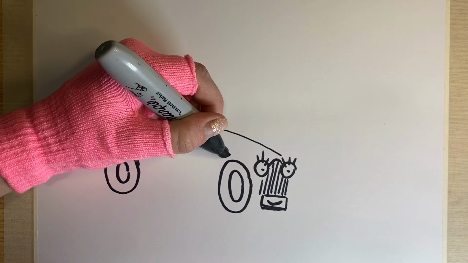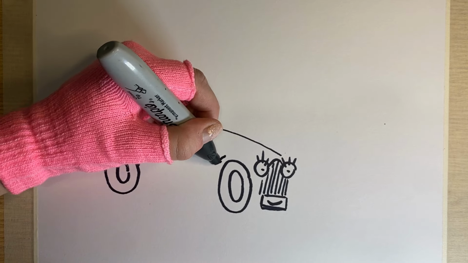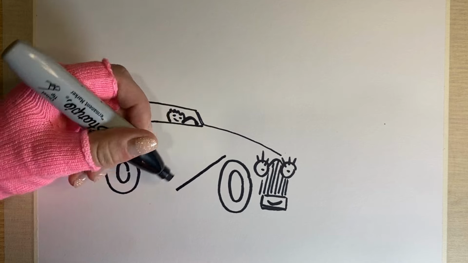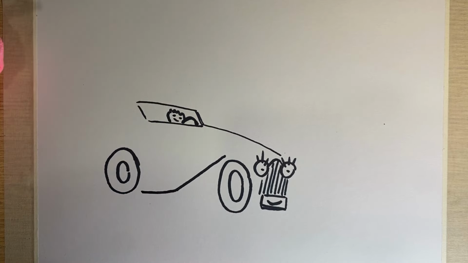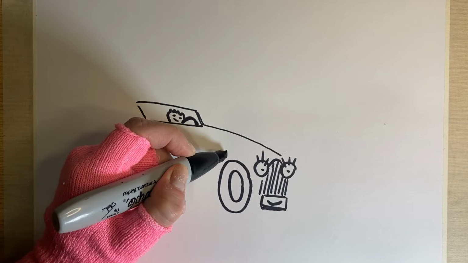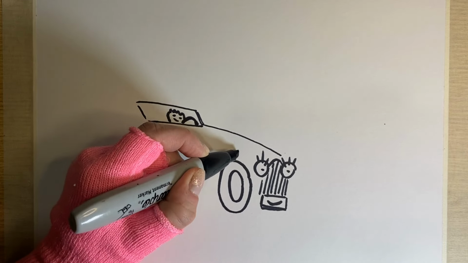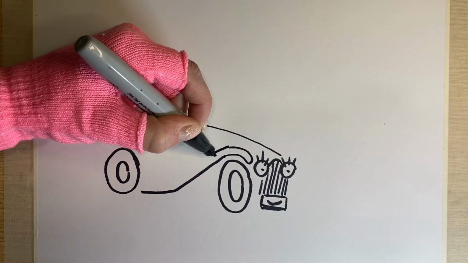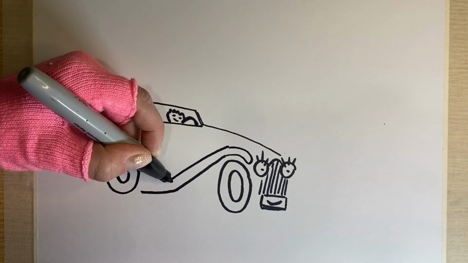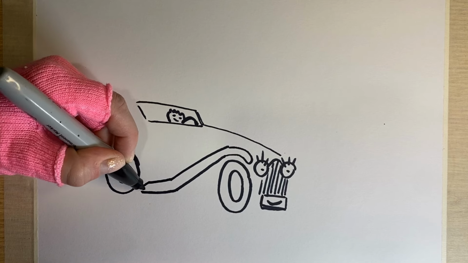Let's make a straight line down this way, and then it goes up, so it's straight. Connect the line to a raindrop, and then it goes back down, and it doesn't stop until it hits the wheel.